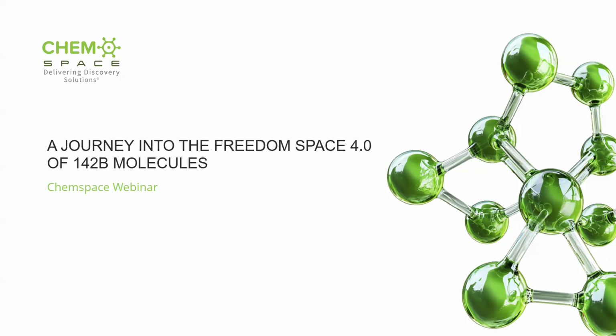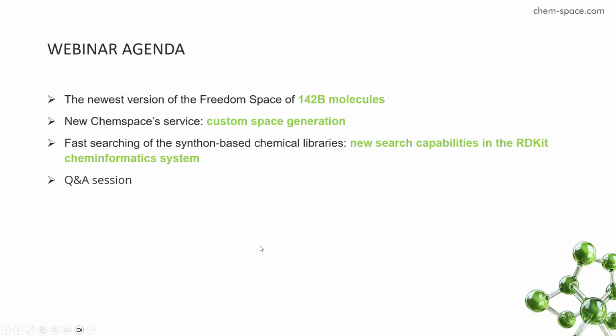Okay, I think we could start, and we will start with an overview of the agenda for today. So today we will present you a new combinatorial space, which is called Freedom Space, the newest version of this space, which is 142 billion molecules. We also talk a little bit about possibilities to generate so-called custom spaces using our quite unique approach.